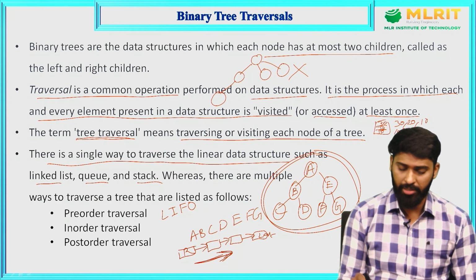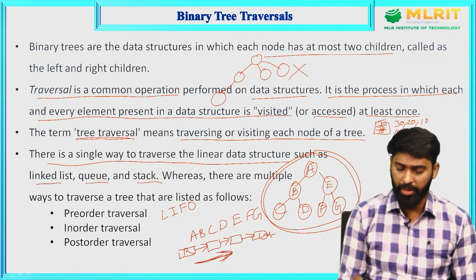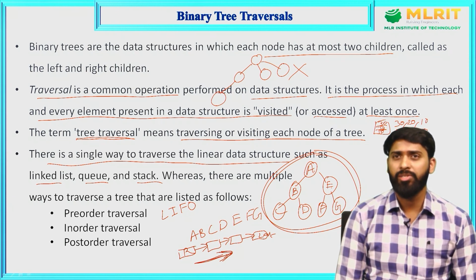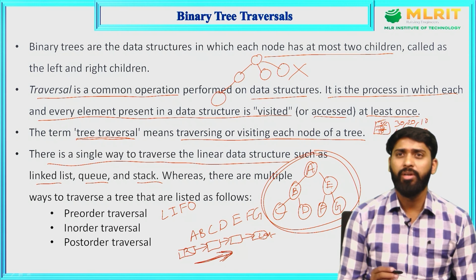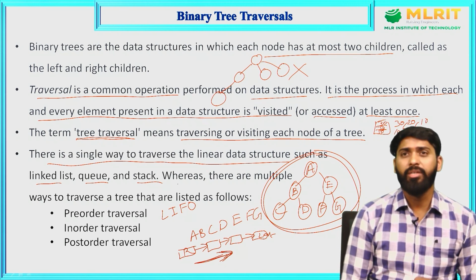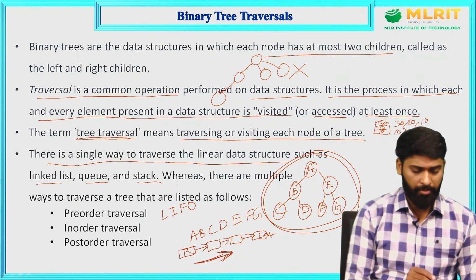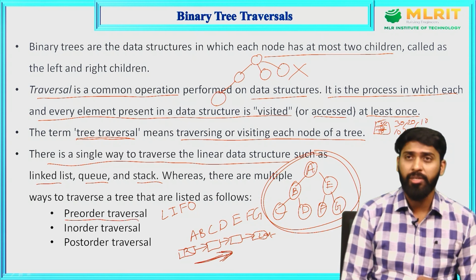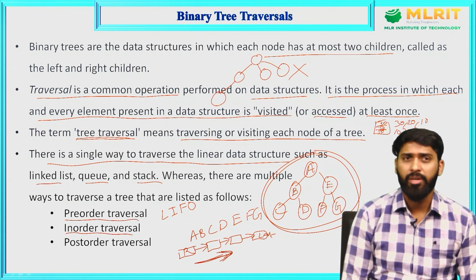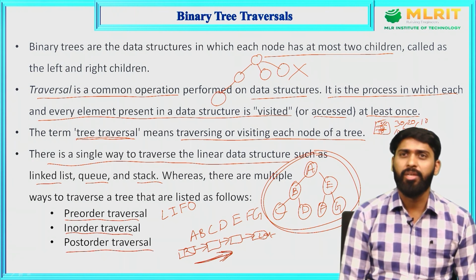Maybe we access A, B, C, D, or we access A, B, E, F, G. So, in tree data structures, we have different methods to access the elements. In tree traversing, we have 3 methods: one is pre-order traversal, the second is in-order traversal, and the third is post-order traversal. Let us see them one by one.